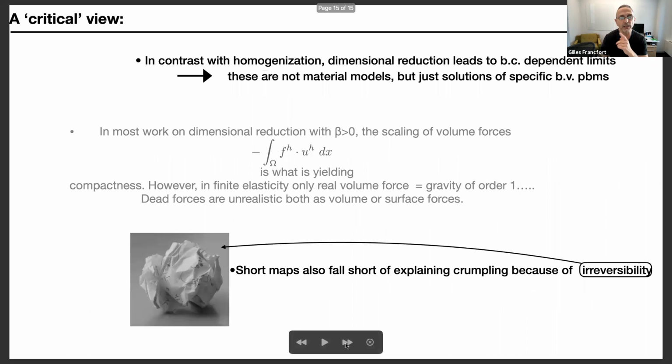So here is my conclusion. When you perform homogenization, which is a different ball game, you get homogenized models which, on the whole, are completely local.